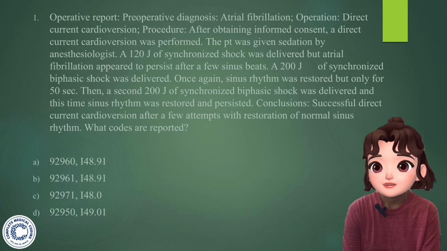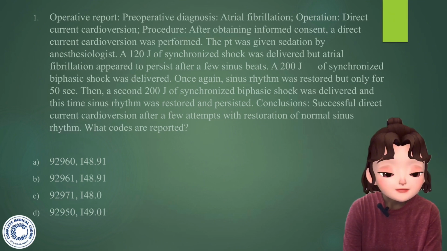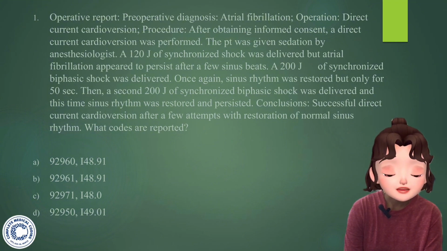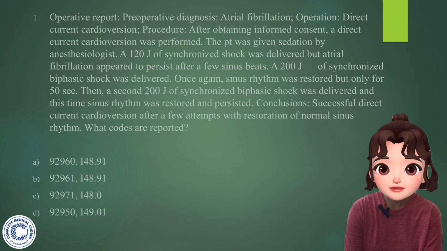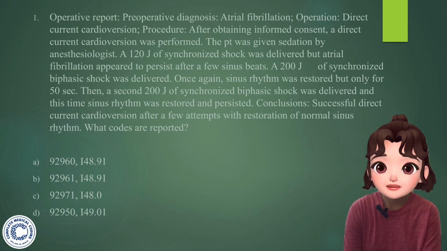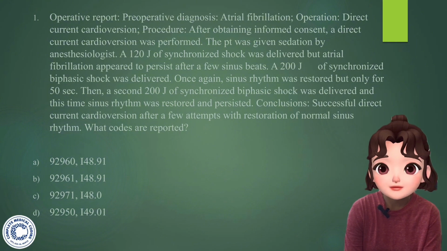Nothing is mentioned about external, but it's fine. Now, what is 92961? Same cardioversion, elective electrical conversion of arrhythmia, internal, which is a separate procedure.